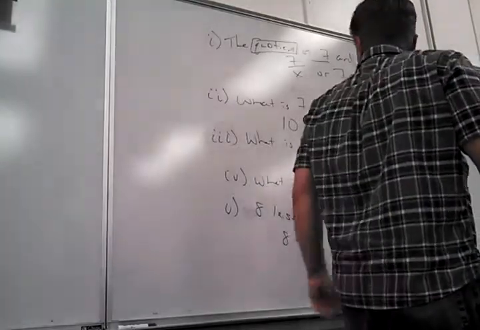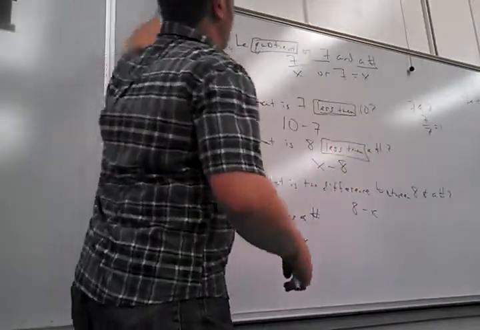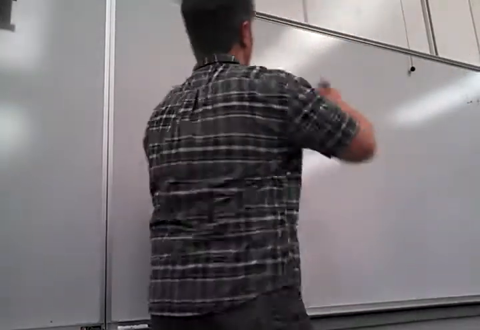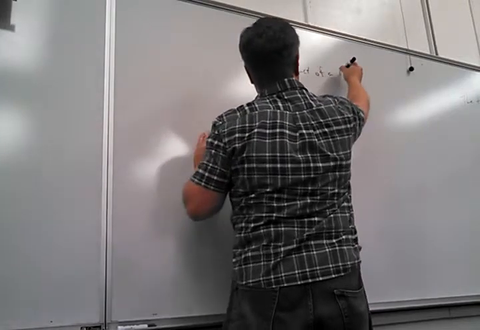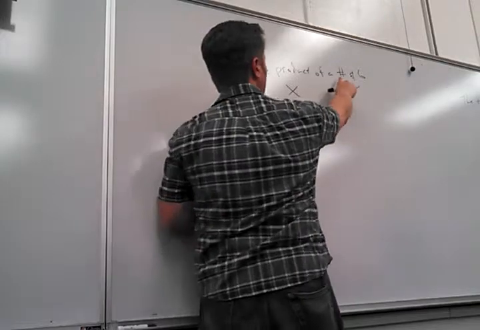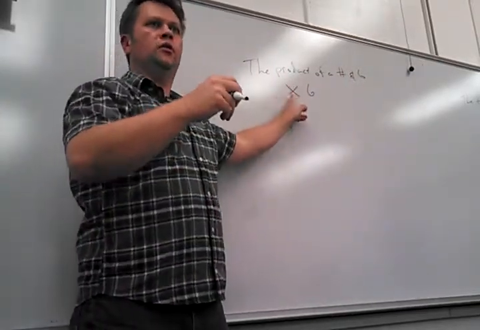With multiplication, you don't write 8 times x, it's just 8x. We had the problem earlier about the product of a number and 6. If you wrote it exactly the way it was said, that's multiply a number and 6.